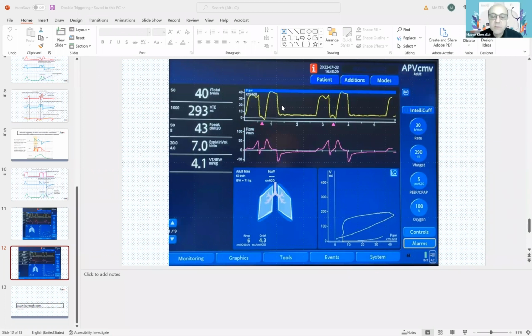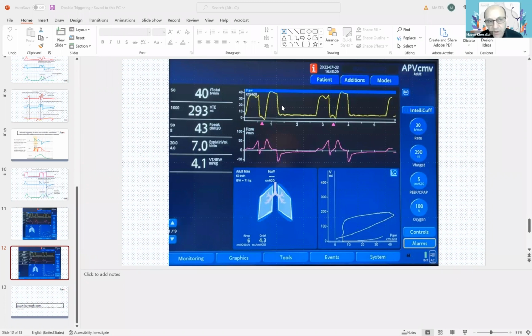No, it is not different, actually. Remember, there's no flow without a drop in the pressure. So in fact, when we see the trigger, it is caused by first a drop in the pressure, then an increase in the flow. Now you're setting the machine to respond to either the drop in the pressure or the increase in the inspiratory flow.